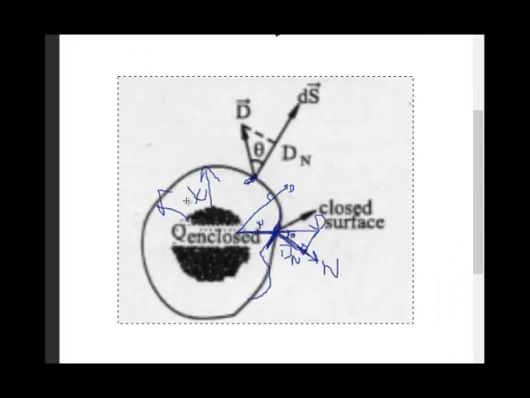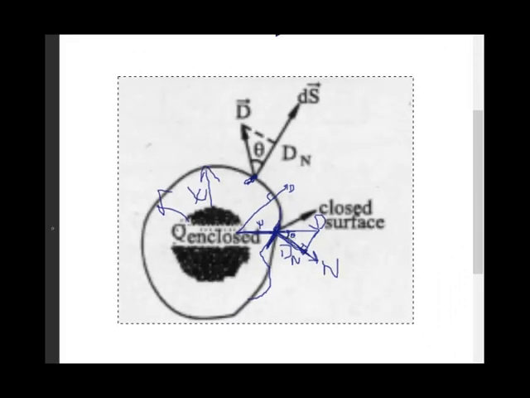It comes out from this surface when it is normal. If I draw this figure like this, you can see that it is normal. So complete psi will come out as D. But in this case, where the surface is not uniform, having some angle theta with the direction of psi, then only the dN component will come out.